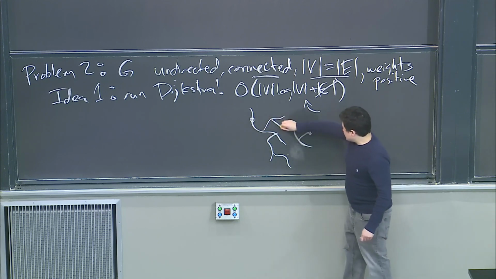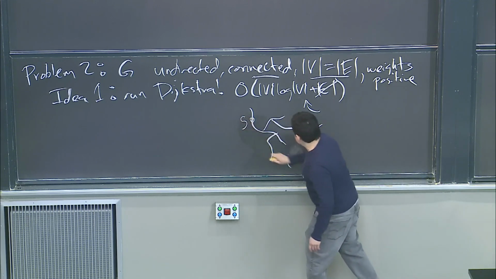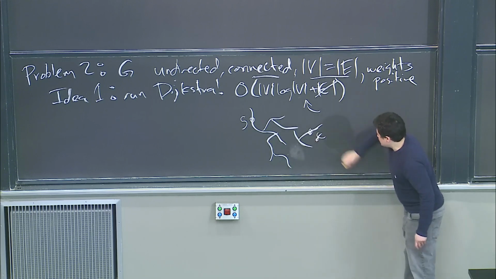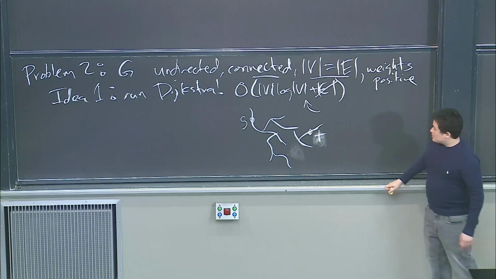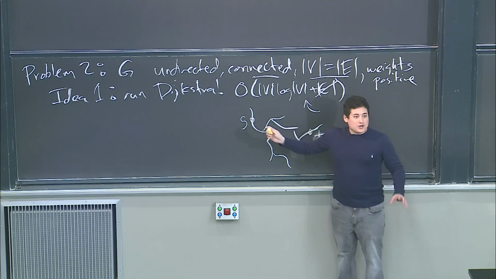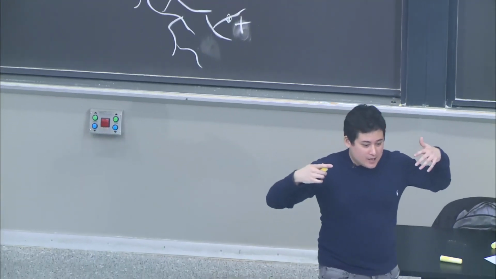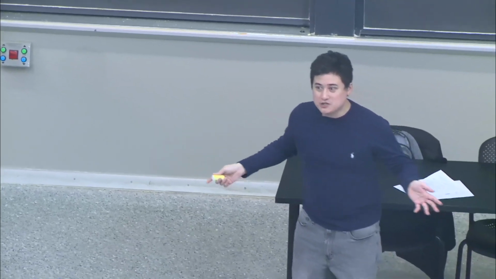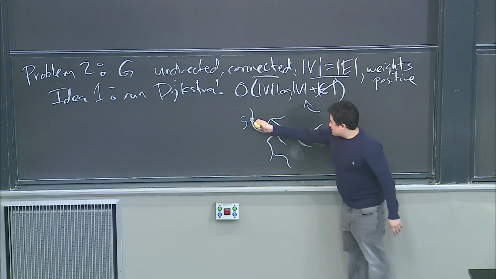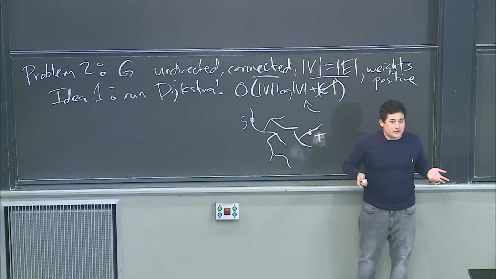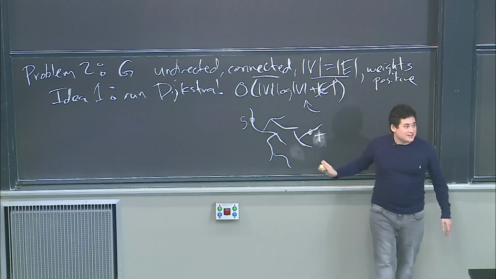There's basically one thing I can do. And in fact, if this was S and this was T, if I just ran any unweighted reachability algorithm, I would get a tree, right? A BFS tree or a DFS tree. It would visit vertices in some order. Now, actually, in a tree, I have to output a tree that connects all the vertices, and that would be this tree, right?